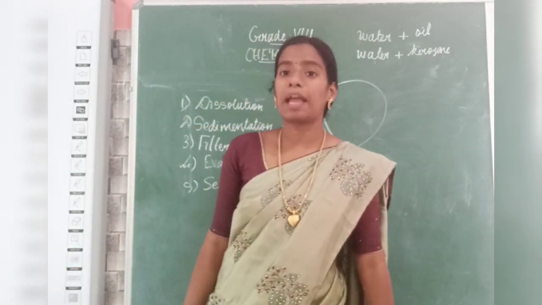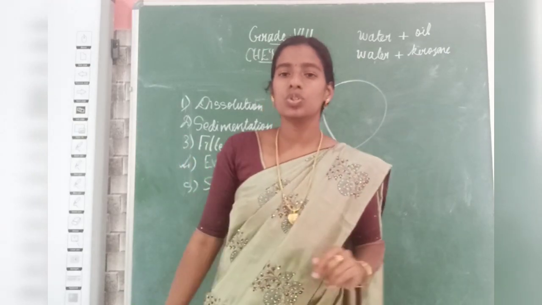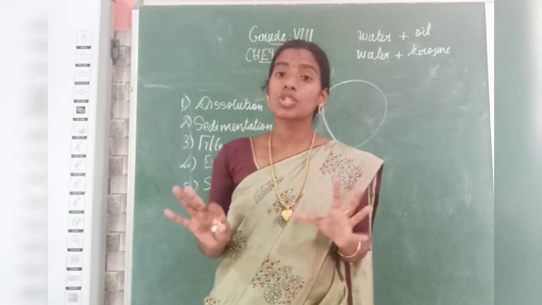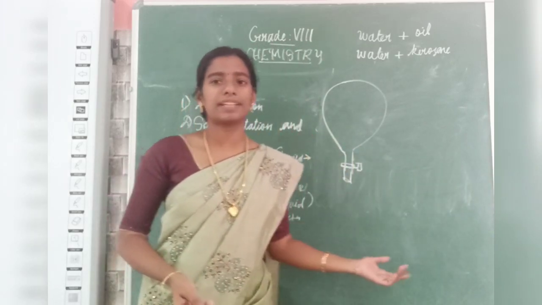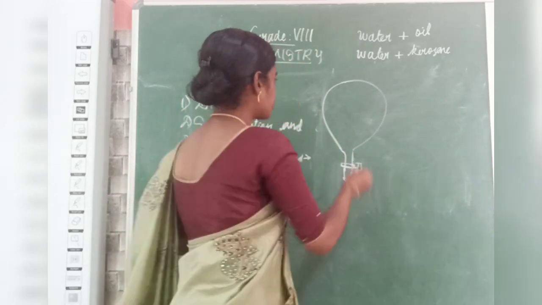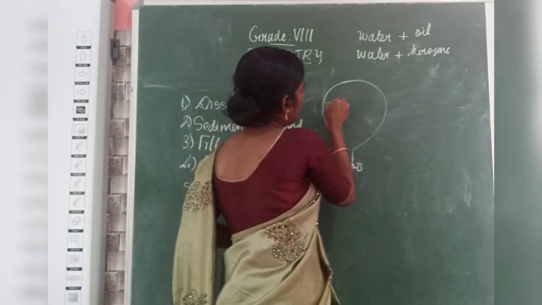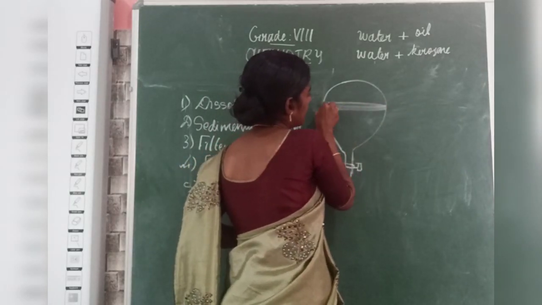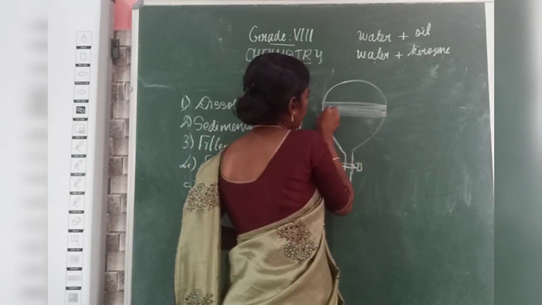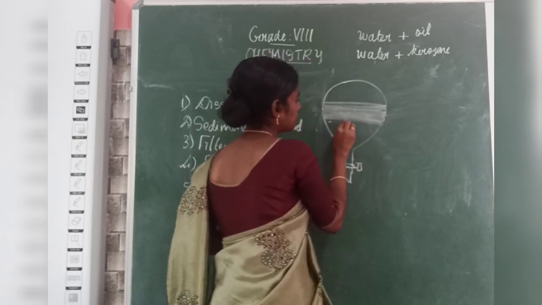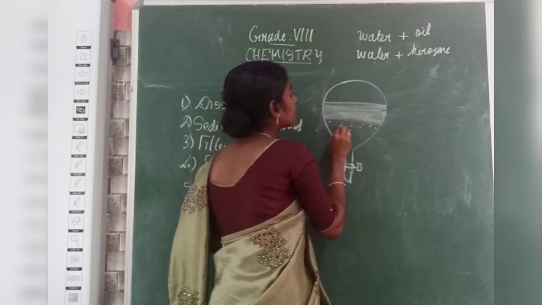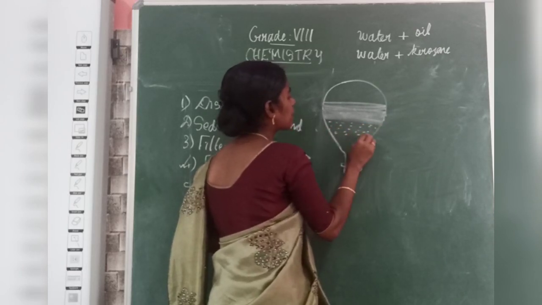Now, you have the mixture to be separated. How can this be separated using the separating funnel? You have to take the emulsion here. Consider when you pour this emulsion in the separating funnel, what is the property of this emulsion?